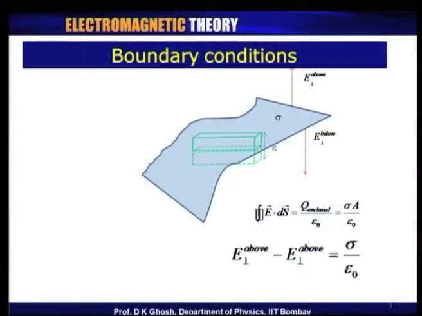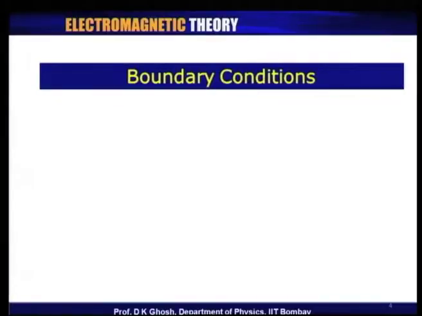The difference between the normal component of the electric field above a surface and that below a surface is given by the charge density on that surface divided by epsilon 0. So, the normal component of the electric field is discontinuous. Now, notice this is all about the normal component.